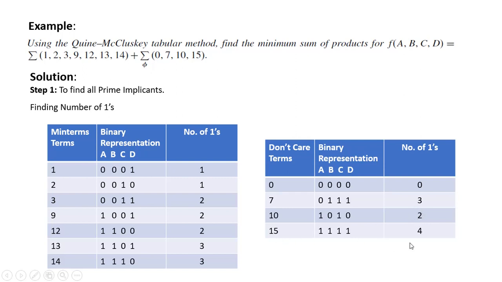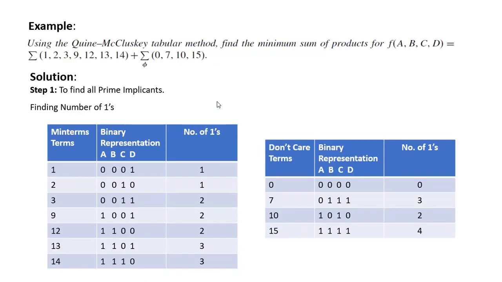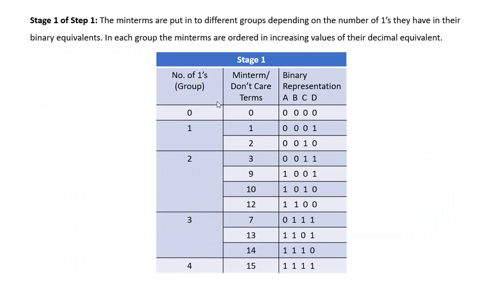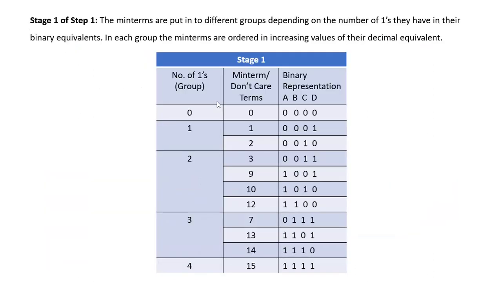So for step 1 we will first form this table to find the number of ones. Now stage 1 of step 1 means we are finding prime implicants. Under step 1 we have different stages. Now as we have done finding the number of ones, we will go to stage 1.